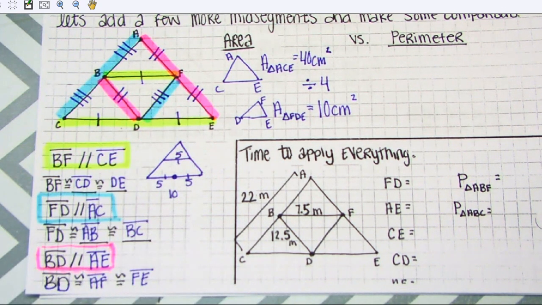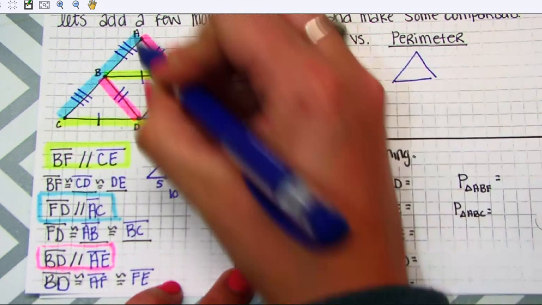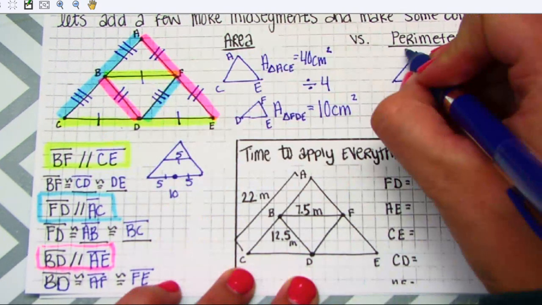Now, perimeter, a little bit different. Perimeter is like fencing around a yard or a house. So perimeter is all about side measurements. So let's say that we've got, again, our big triangle. Our big triangle is ACE.